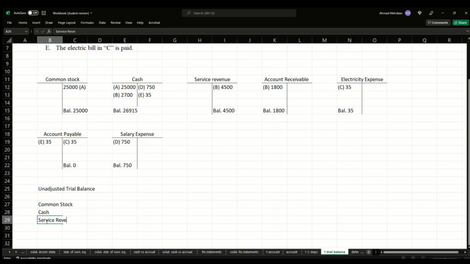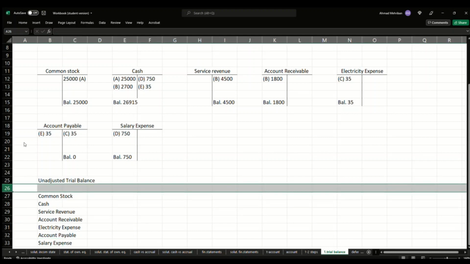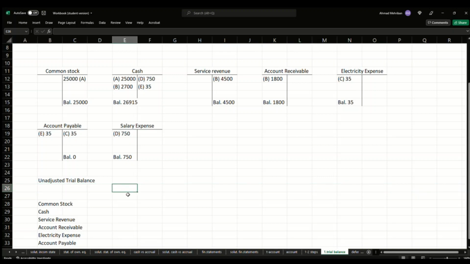Service revenue, account payable, receivable, electricity expense, and two more, account payable and salary expense. So this is basically it, and I can add another line, and just specify here that we have debit, whereas on this side we have credit, and that's it.